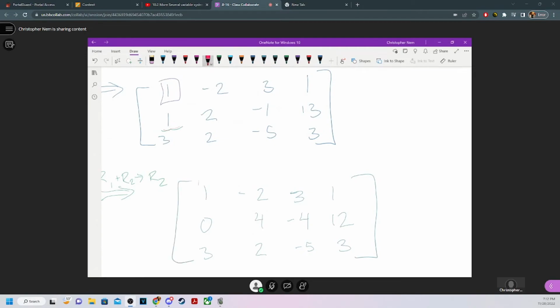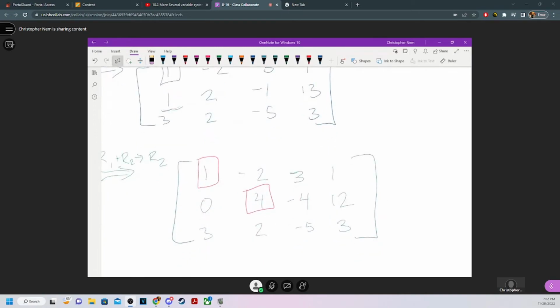Now, in particular, your leading entry here is 0, 4, and I need to turn that into a 1. How can I turn that leading entry to a 1 without changing this 0? If I add it to another equation, that's not going to be a 0 anymore. Because if I add it to the first equation, then I'll have a 1 instead of a 0, or I might have a 2 instead of a 0.